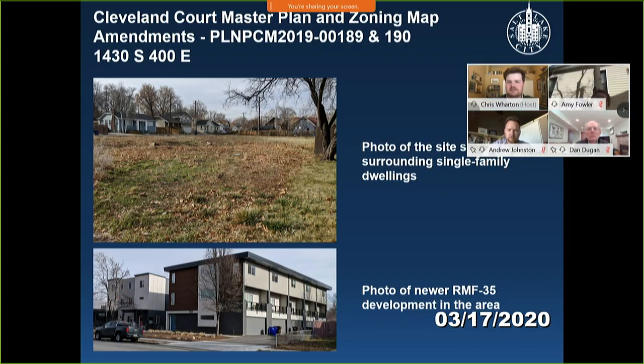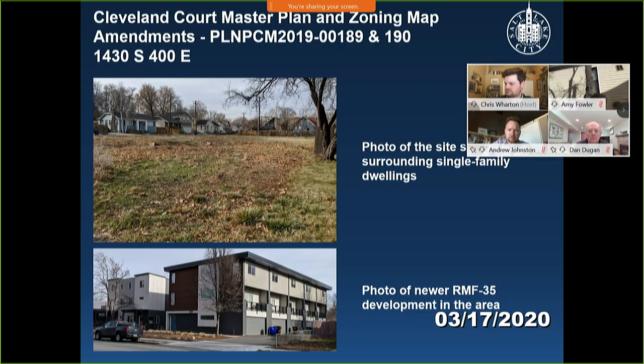Okay. So we'll start. This is the proposed amendment to the Central Community Master Plan, future land use map, and to rezone the property at 1430 South 400 East. This is also known as Cleveland Court. The change to the future land use map would be from low-density residential to medium-density residential, and it would rezone the property from RMF-35 to FB-UN1.